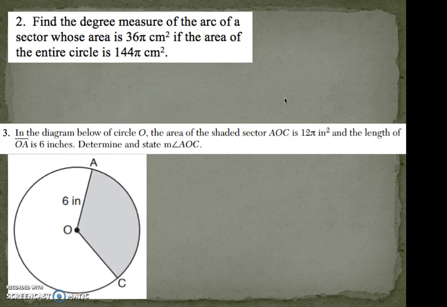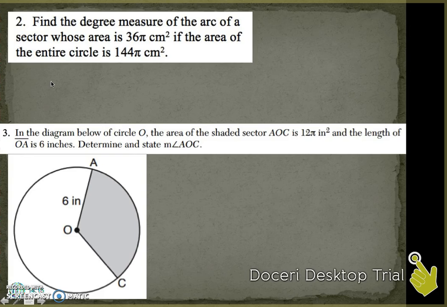Number 2, I'm actually going to use the other formula for this one, the one that uses a proportion. So that is going to have the arc length over pi r squared, and then the angle measure over 360. So our arc length here is going to be 36 pi, and that's going to be over pi r squared, which in this case, since the entire circle is 144 pi, we're going to be over 144 pi.